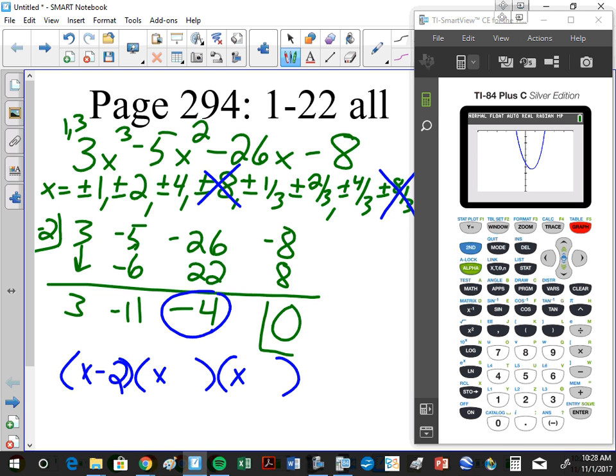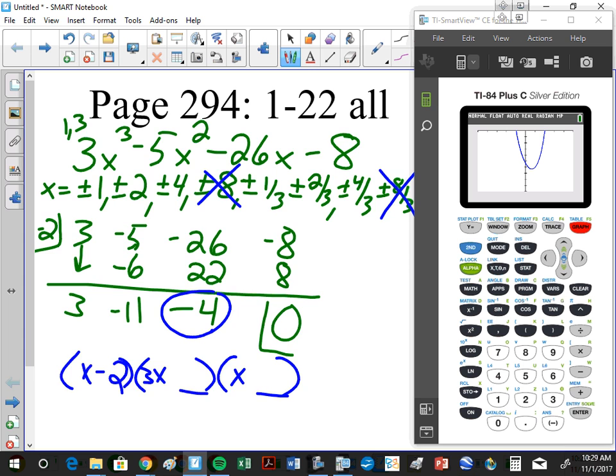I have found that one of them is an x minus 2. One of the other ones gets a 3, but this one times this one equals -4. It is when you factor. So when you find one root, that will eliminate possibilities for the next roots.